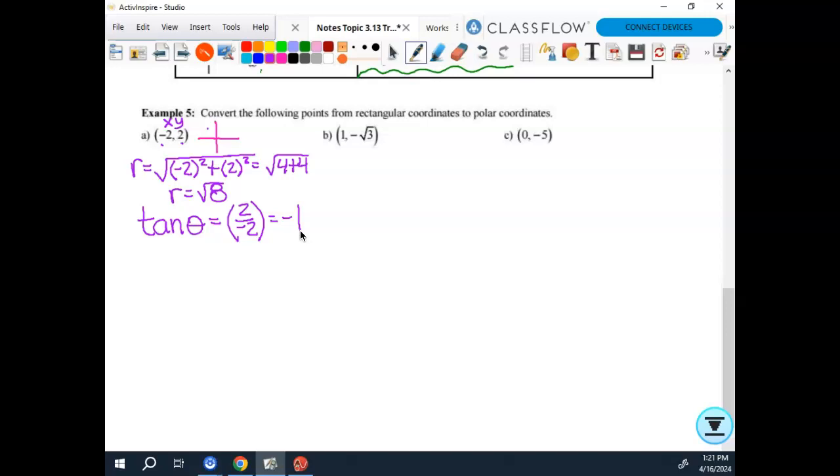Pi fourths. So we are using a positive radius, and we want to end up in the second quadrant. So what is your second quadrant pi fourths angle? 3 pi fourths. So that means this ordered pair in polar coordinates is the square root of 8, comma, 3 pi fourths.